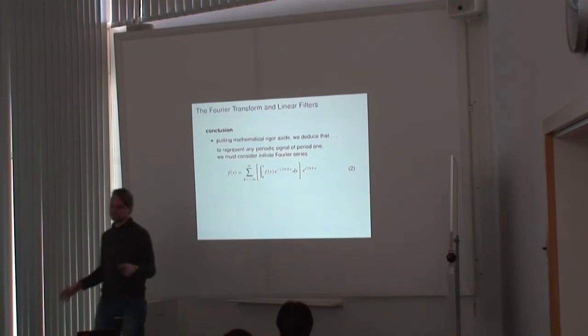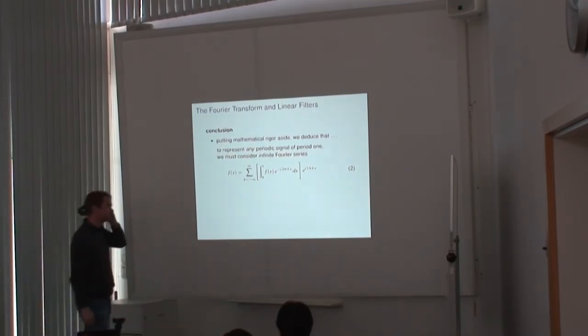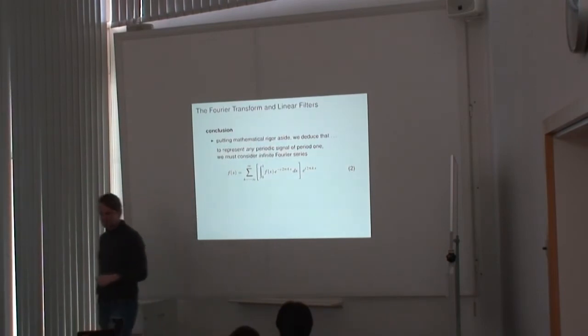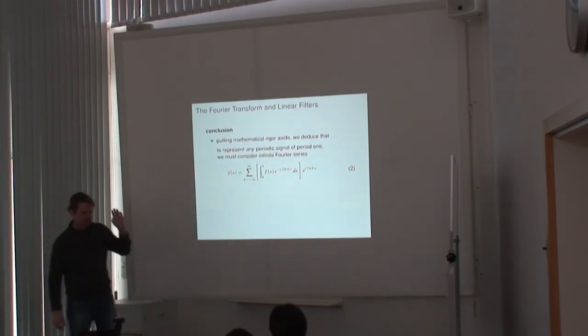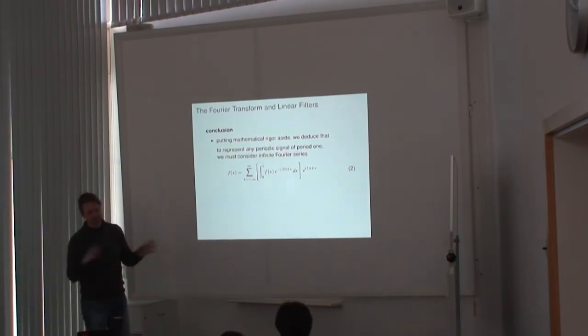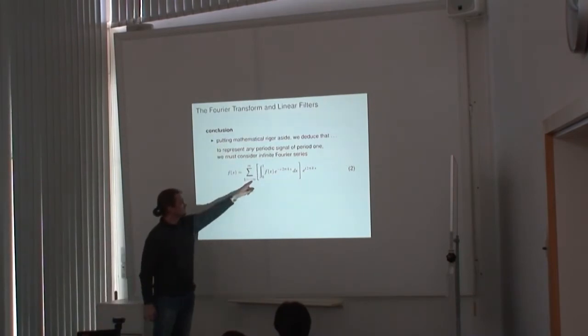And there we are. This is the conceptual step from last time to right now: instead of assuming some finite n, we deduce, without proof, it can be proven but we don't prove it, that this has to range from minus infinity to infinity.